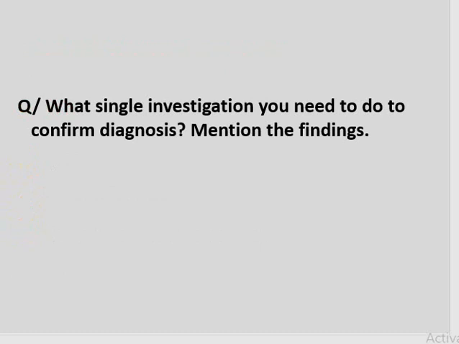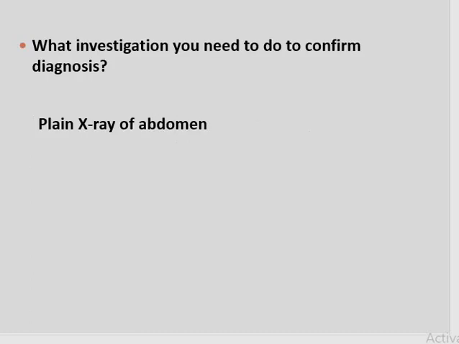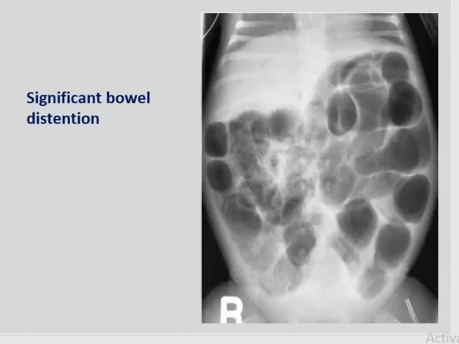What is the investigation we need to do to confirm the diagnosis? A simple and available one. We can do a plain X-ray of the abdomen, which shows significant bowel distension.